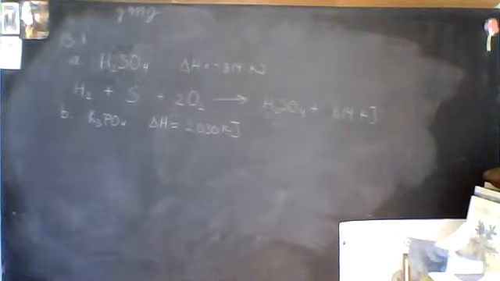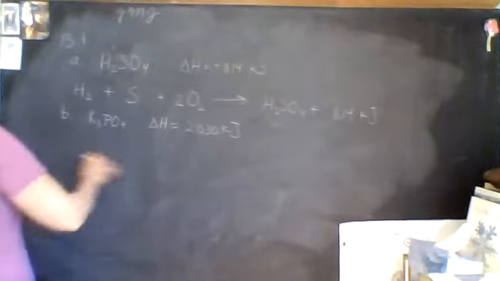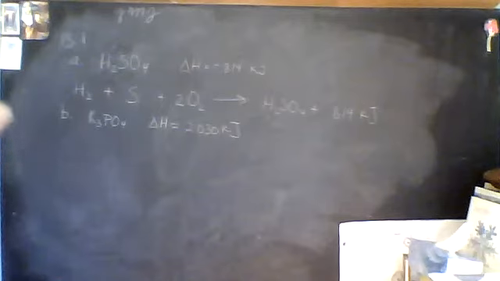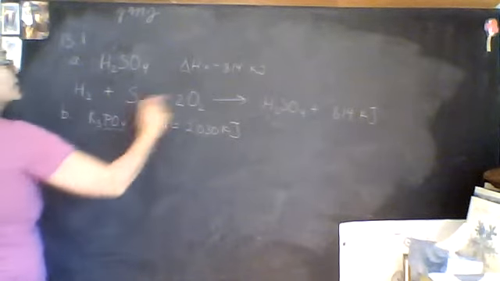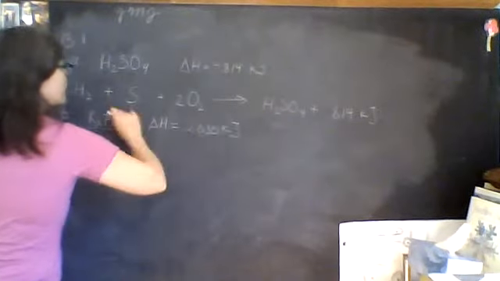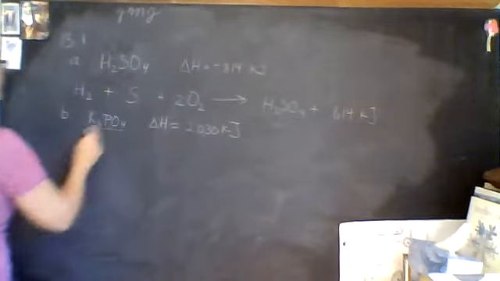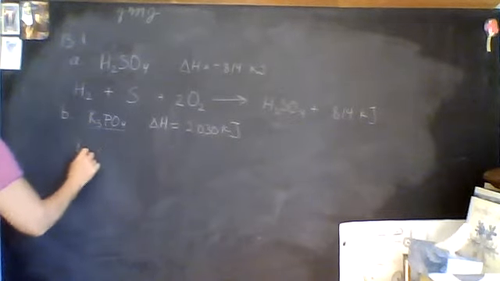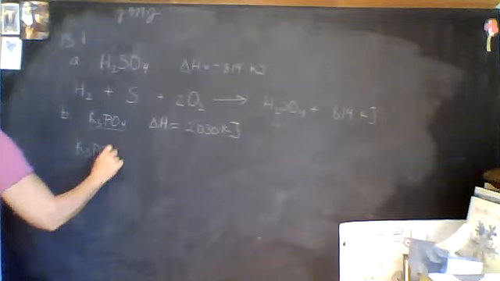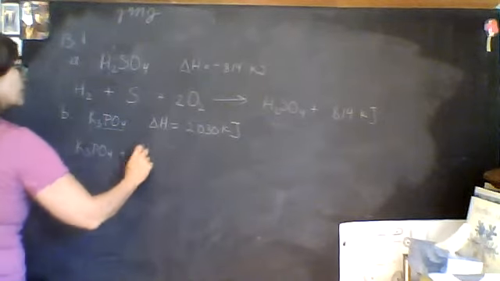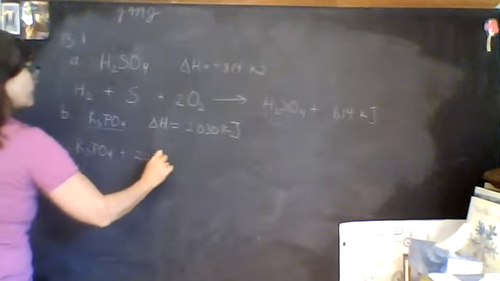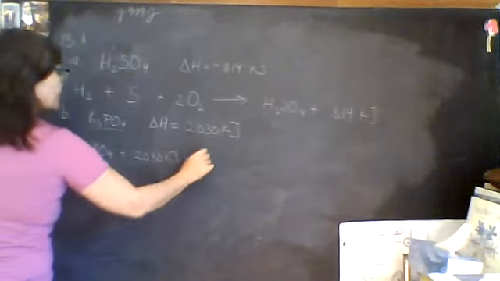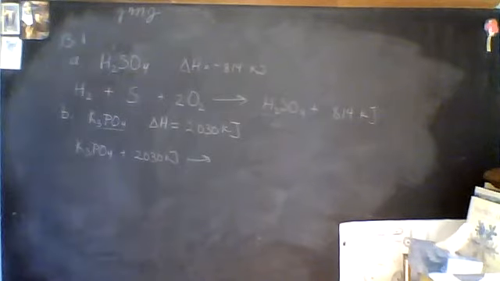So this is decomposing. In the previous equation the energy was a product, but here it's over on the reactant side, plus the compound yields what? How will this decompose?